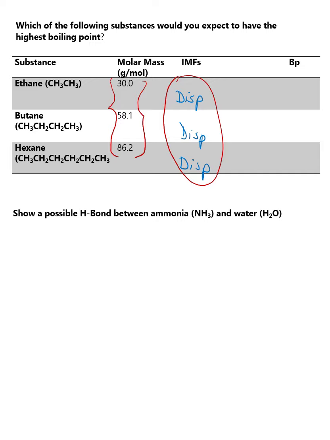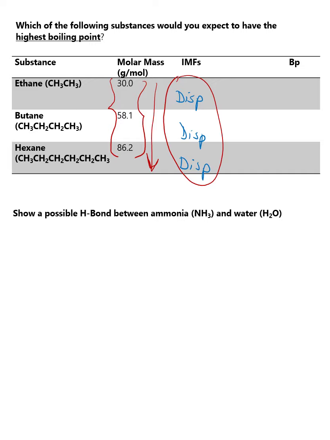The larger your compound, the larger the molar mass, the higher the intermolecular forces that you will have as dispersion for that specific compound. The strength of your dispersion forces increases as the size of your molecule increases.